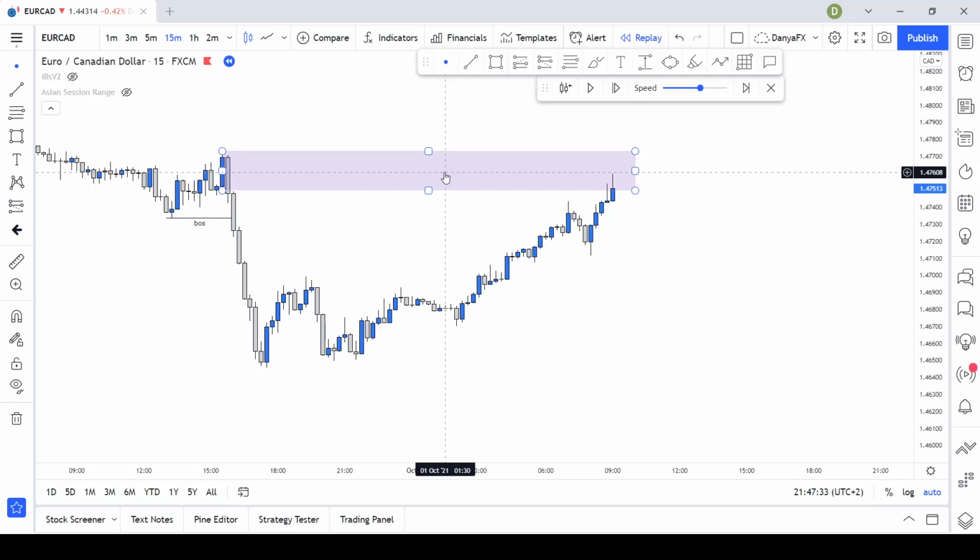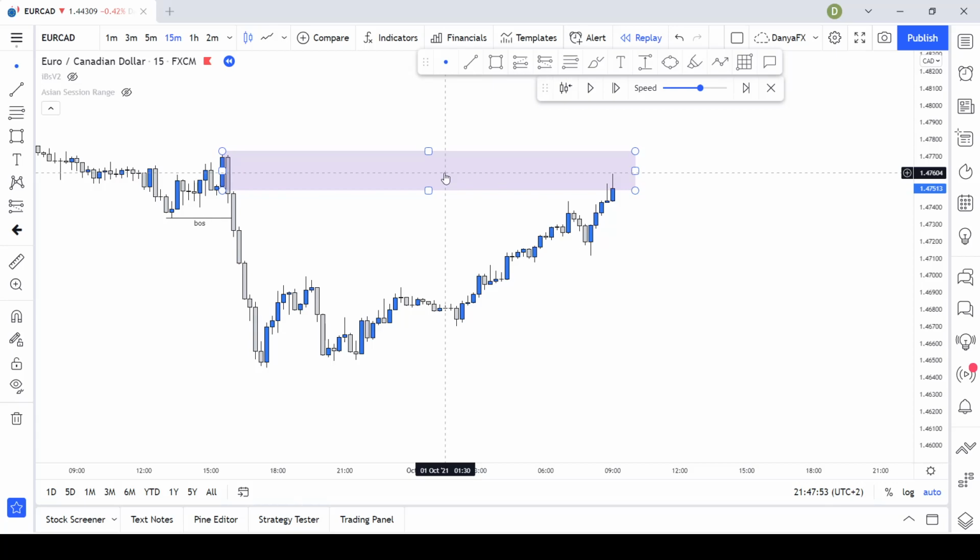Then the price, rather than mitigate the demand that is in control right now, I want to see it get broken, as well as the previous higher low, and then retrace back to the newly created supply and sell from there.